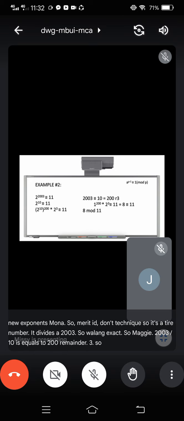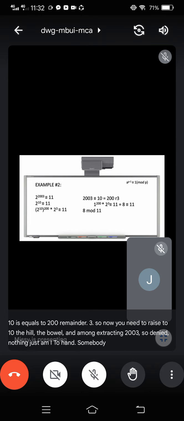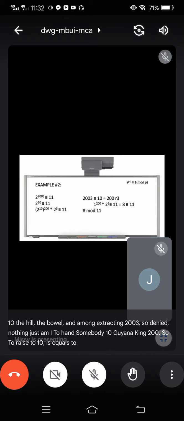Nakuha natin itong 2 raised to 10, kaya naging 200. 2 raised to 10 is congruent to 1 modulo 11.